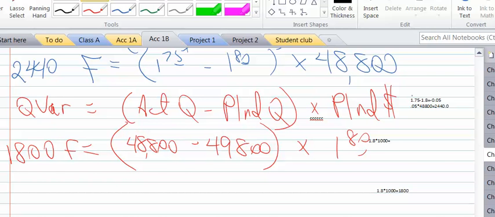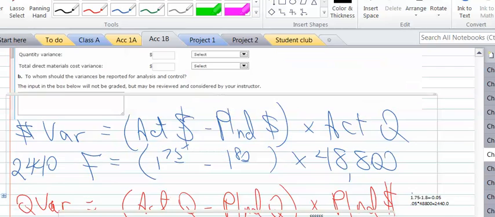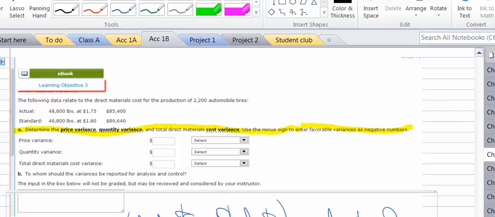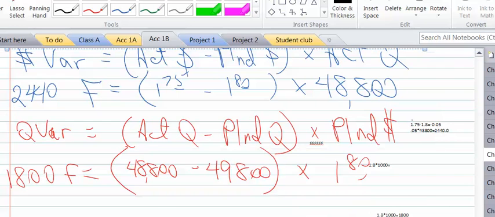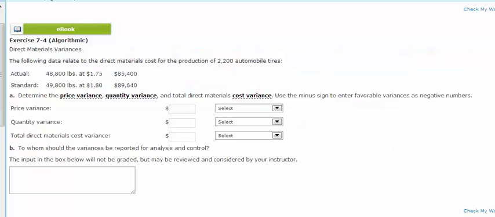So now I have my quantity variance of 1,800. I have my price variance of 2,400, both of which are favorable. And if we add those two together, it'll give me my total variance. Let's go over and we'll put those in. 2,400 and 1,800. I think they said enter favorable variances as negative numbers.